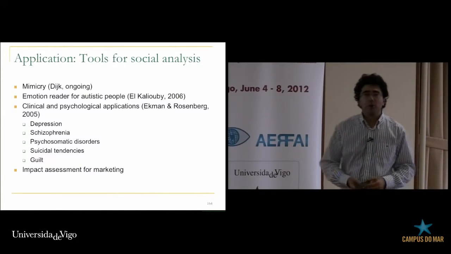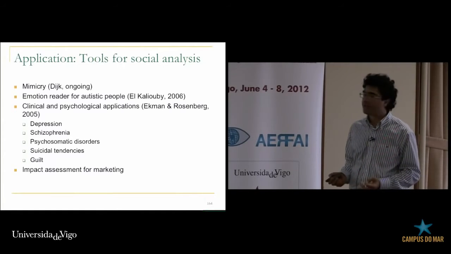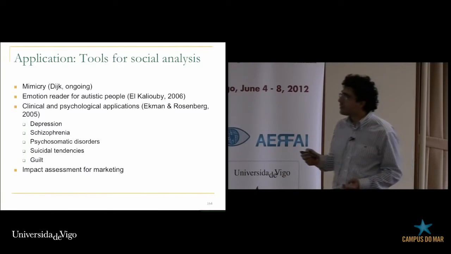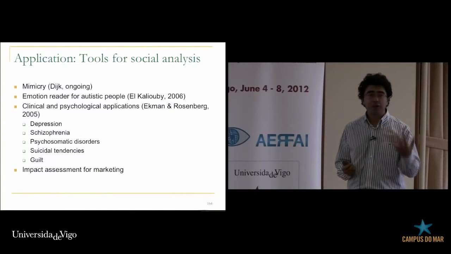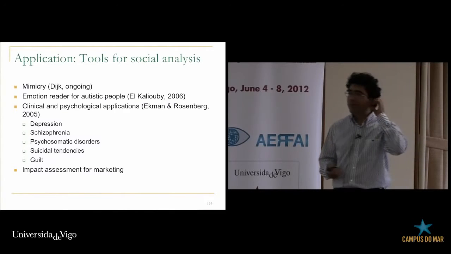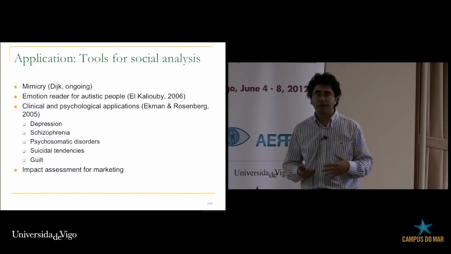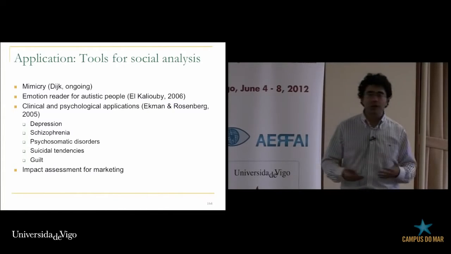Some of these emotional expression analysis tools are developed for social analysis. We have some collaboration with a clinical psychologist, Corinne Dyke, who's looking at facial mimicry. When people talk to each other, they mimic each other's expression involuntarily. That's a way of showing rapport. Okay, so I agree with you. I'm with you there.